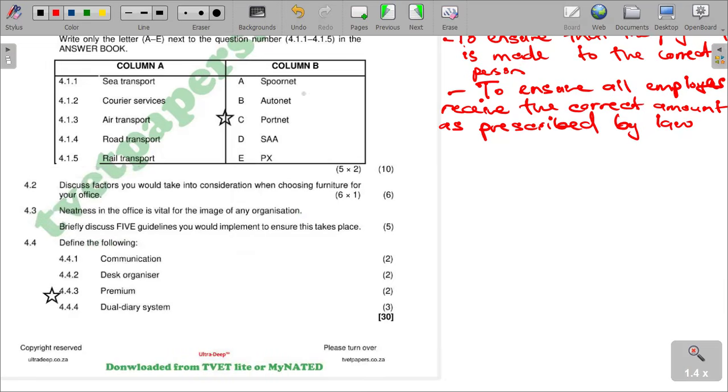And also, wage records are used to ensure that all deductions from salary or wages and all contributions are paid over correctly to the correct administrators.